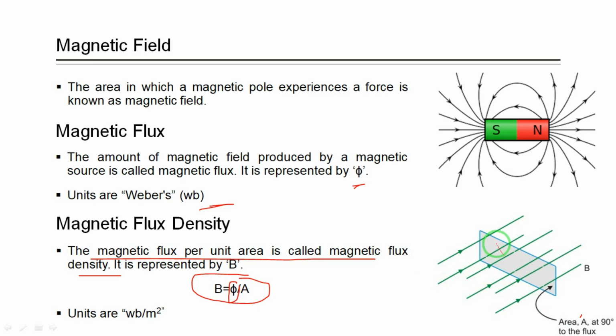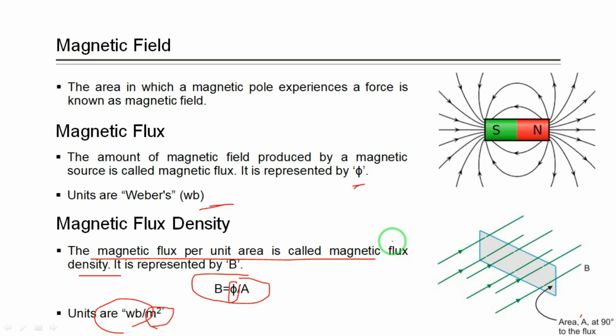The area, capital A, the rectangular piece, is placed perpendicularly. So now the magnetic flux density is the magnetic flux, phi, per area, capital A. So magnetic flux per unit area is called magnetic flux density. The unit for phi is Webers. Area units are meter square. So this is finally an overview of the magnetic flux density.